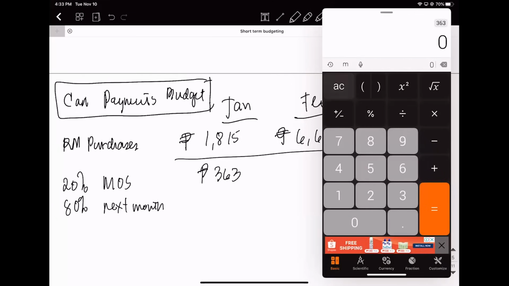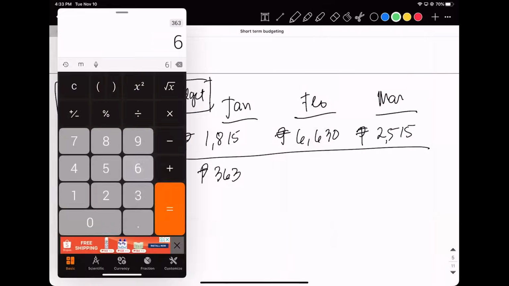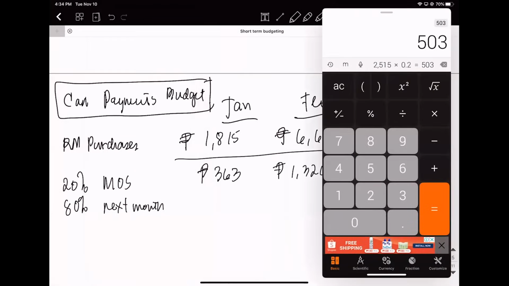Ayan. And then 6630 times 20%, 1326. 2515 times 20%, 503. Ayan. Okay, then 80% next month.